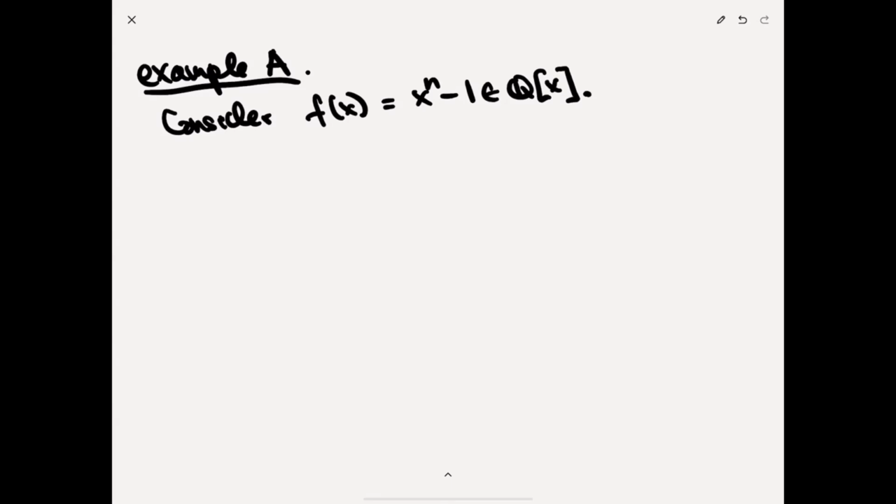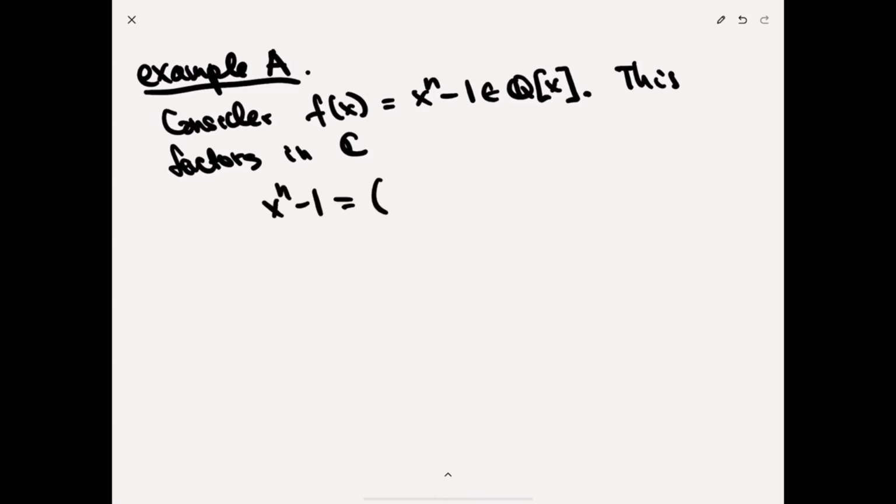Okay, so this polynomial factors in C in the following way. It looks like it's a bunch of what are called the roots of unity.